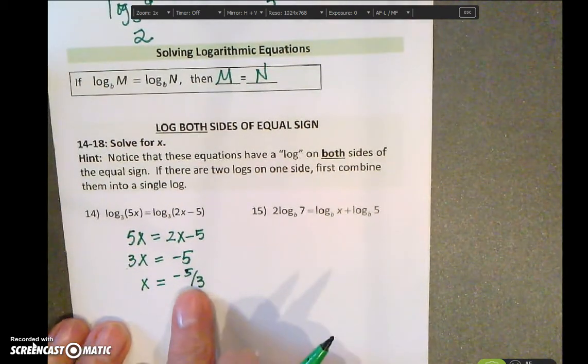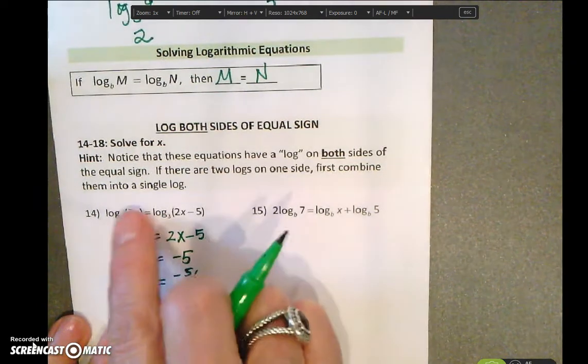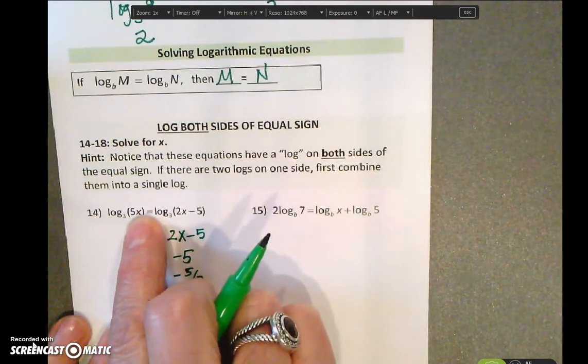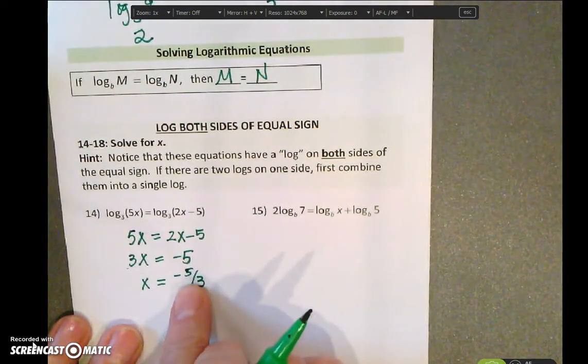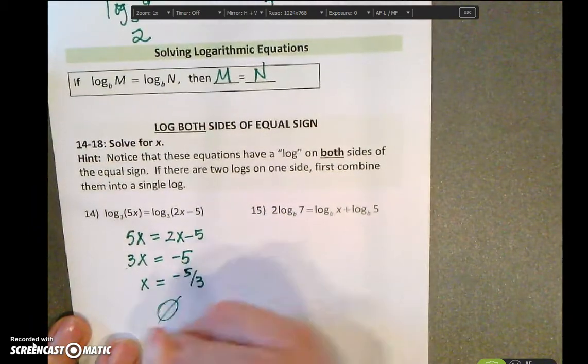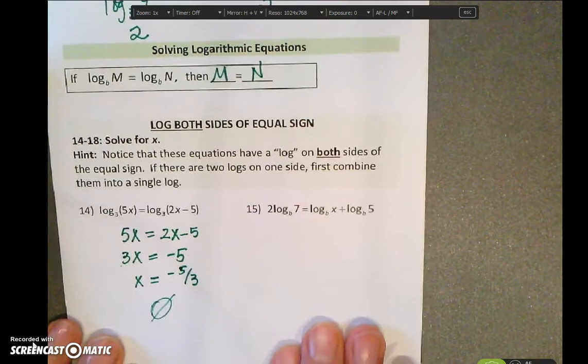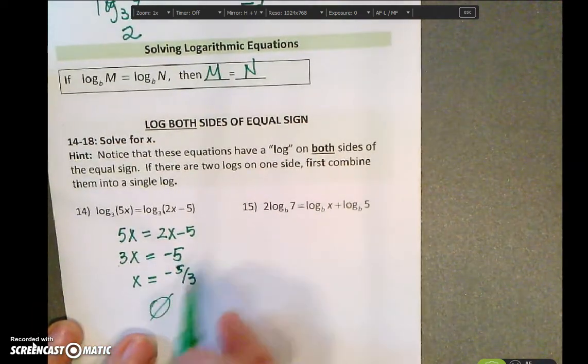So truthfully, I come up with this negative answer here. I can't have a negative answer when I plug this in. This is going to be negative, and I can't take the log of a negative number. So this is actually no solution. That's not a good way to start, but there it is. I'm not going to do it wrong, but that's what you would do.